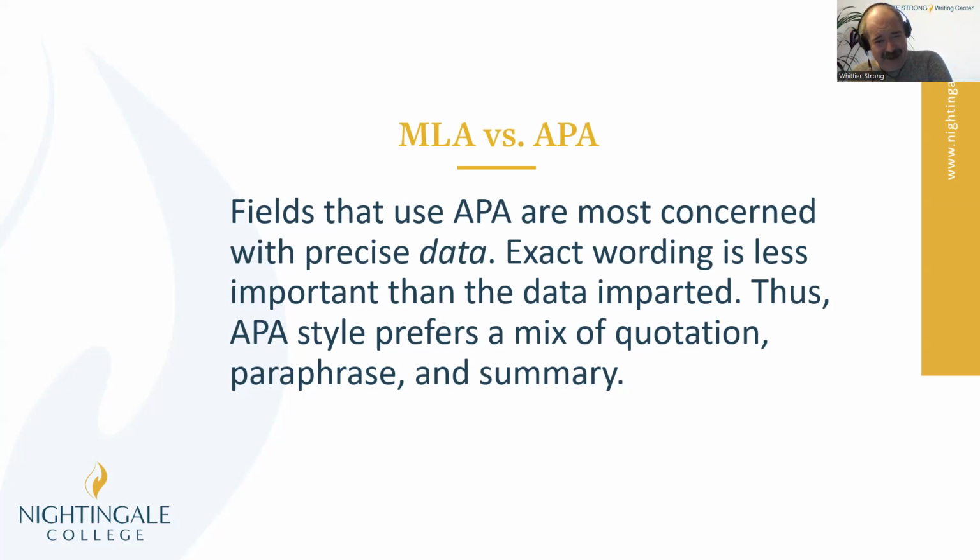So the APA style prefers a mix of quotation, paraphrase, and summary. I say this with the caveat to always defer to what your instructor is asking of you in terms of this particular mix. However, some of you are going to get to a point where you're graduated and you're submitting to official publications that use APA, and they're going to have this expectation that you're not leaning too much.